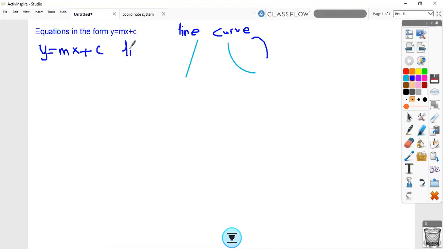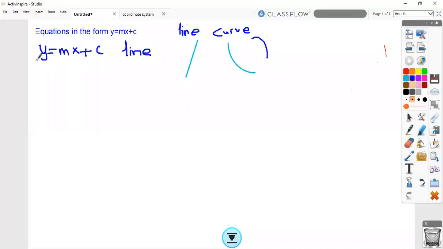When you see this equation, it means it is a line. It's not a curve, it's not square, it's just a line. And here we are not going to study the curve. It's not in our program, but we are going to study the line.